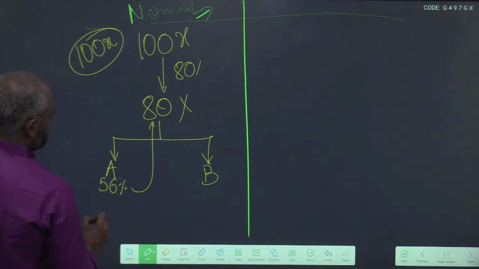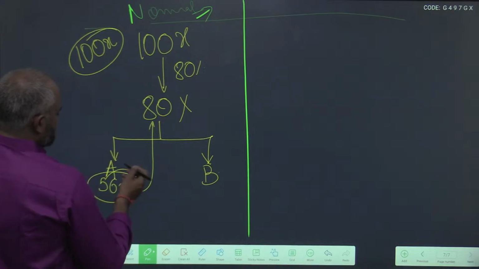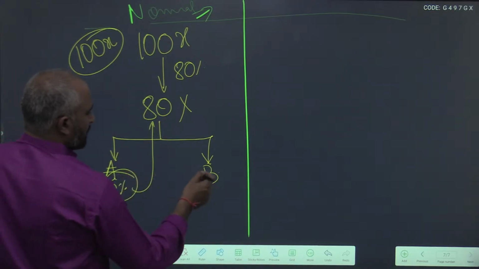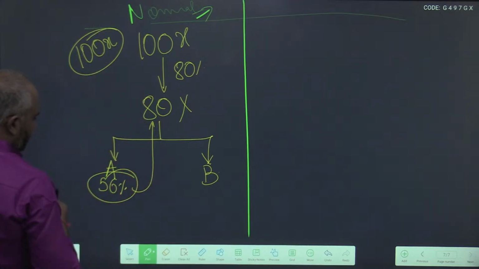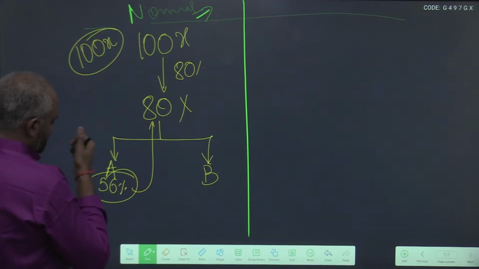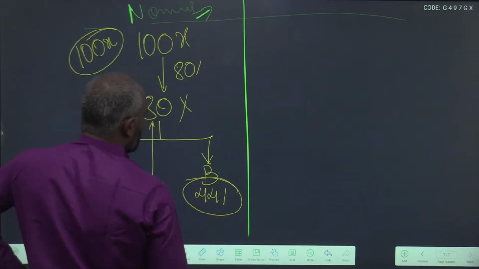If one person gets 56% of the votes, how many votes will B get? He will get 100 minus 56, which is 44%.